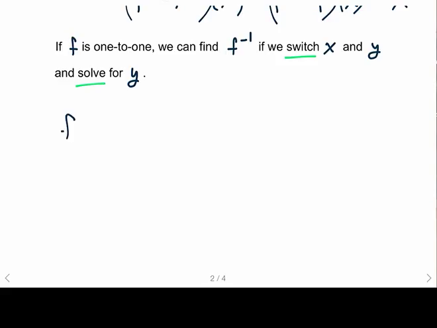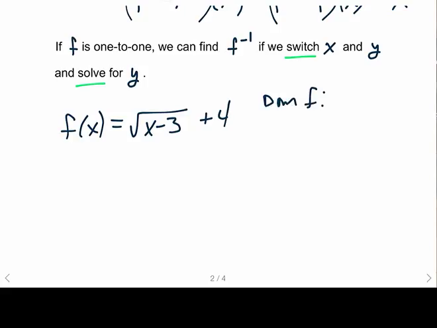So let's consider a function f of x is equal to the square root of x minus 3 plus 4. The domain of f is going to be numbers such that the radicand doesn't go negative, and so consists of 3 to infinity with a square bracket at 3.